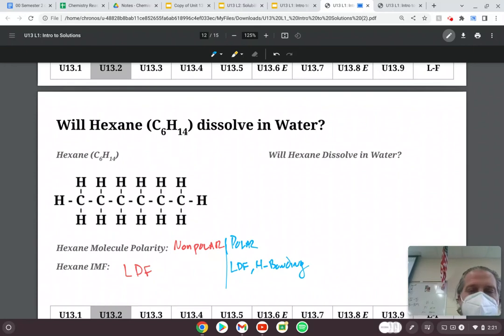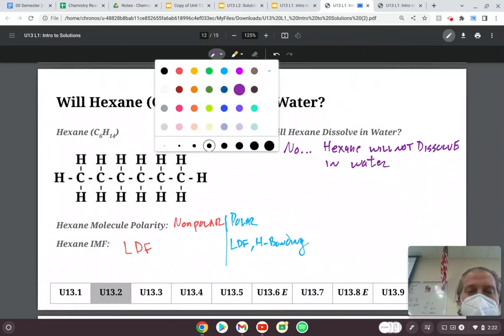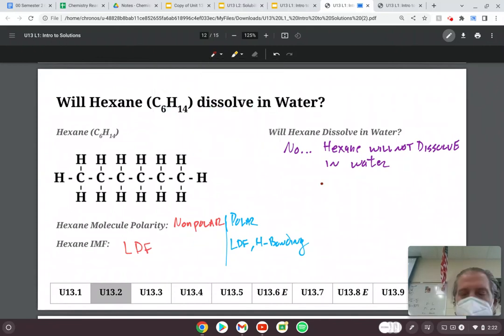So the answer to the question is no. Hexane will not dissolve in water. Our reasoning for this is going to simply be that the polarity of the molecules is different.